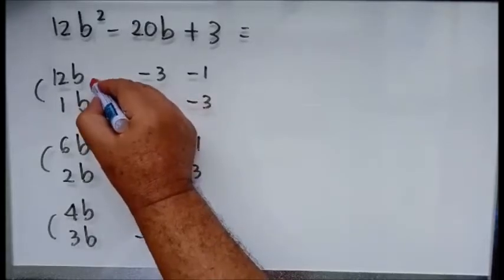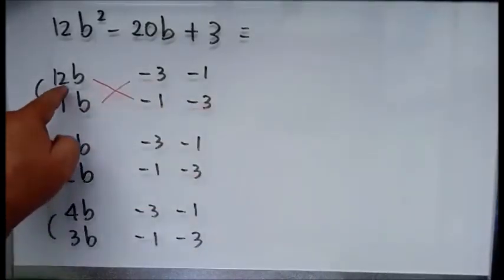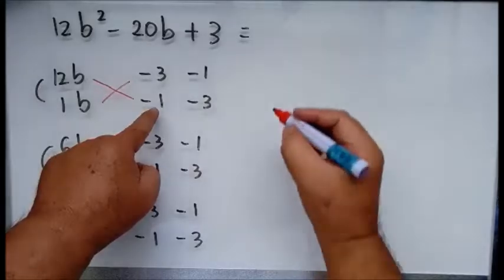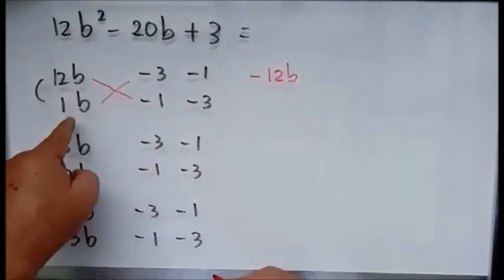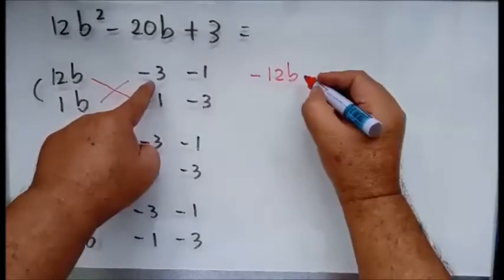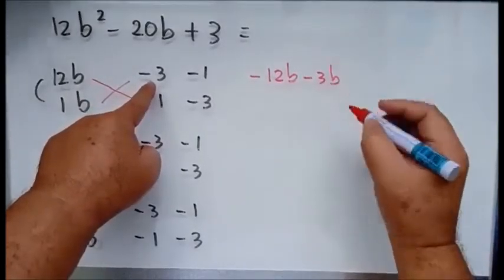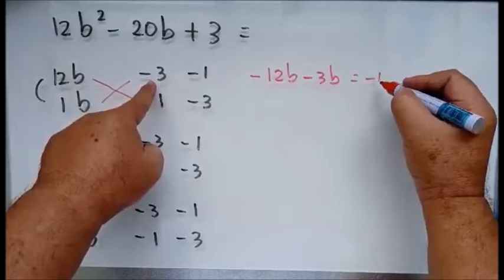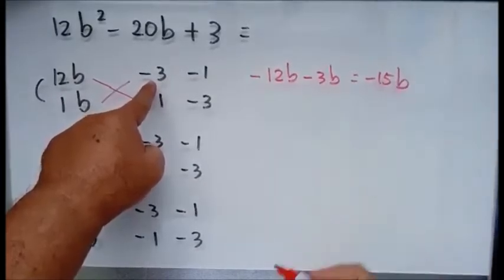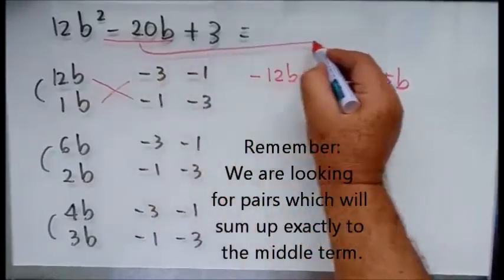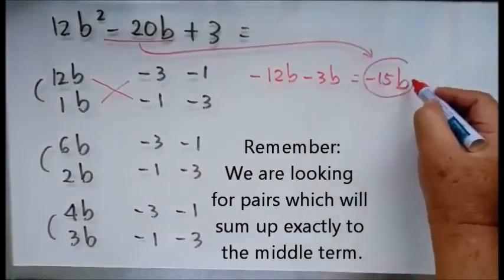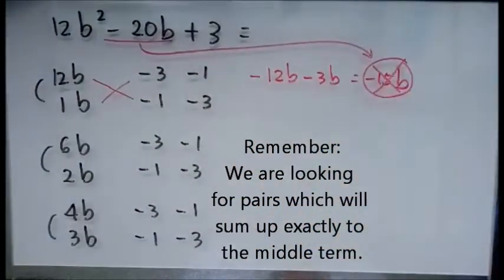This one and this one. 12b times negative 1, negative 12b. 1b times negative 3, negative 3b. So negative 15b. So this is not correct. So we must eliminate that.